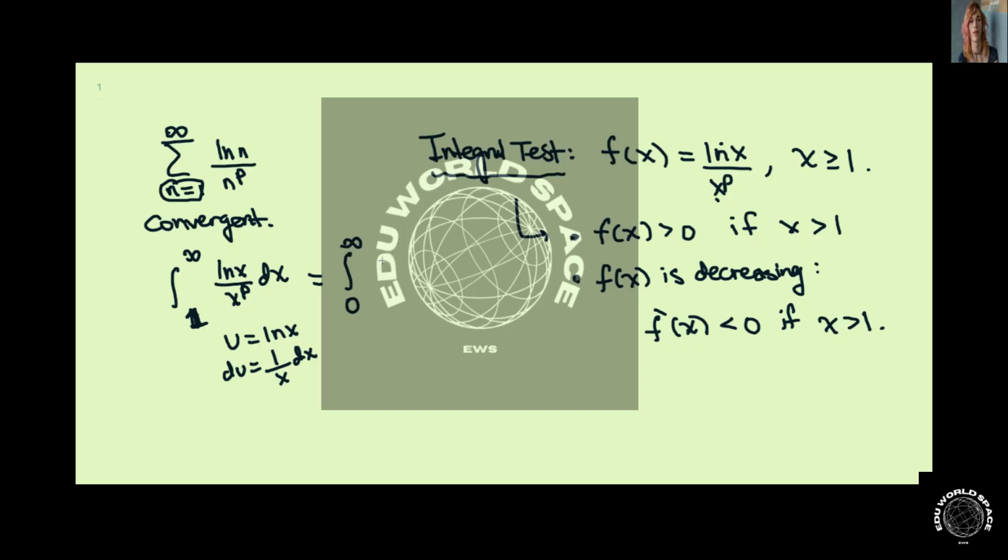And then we have, if I write u du, that gives me ln x over x dx, but I need x to the p. So we have x, so we need another x to the p minus 1 factor here. And here's how we'll obtain that.